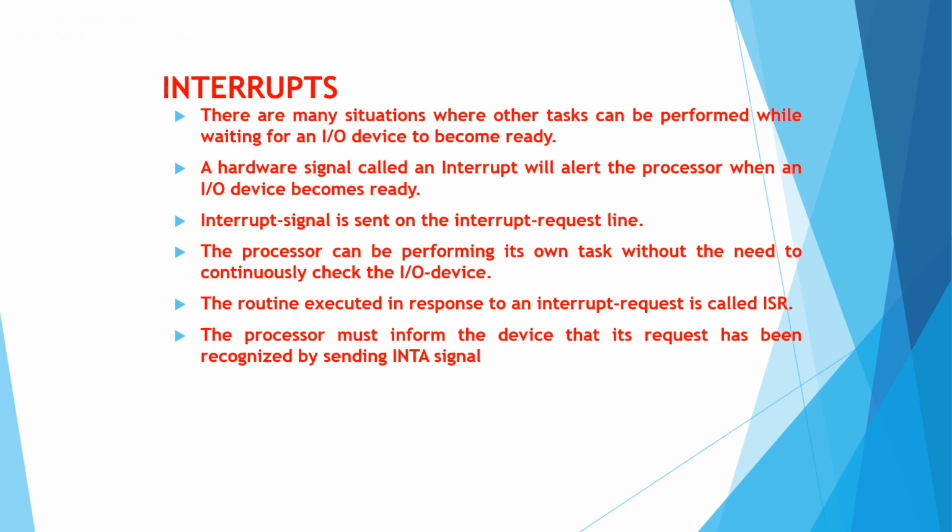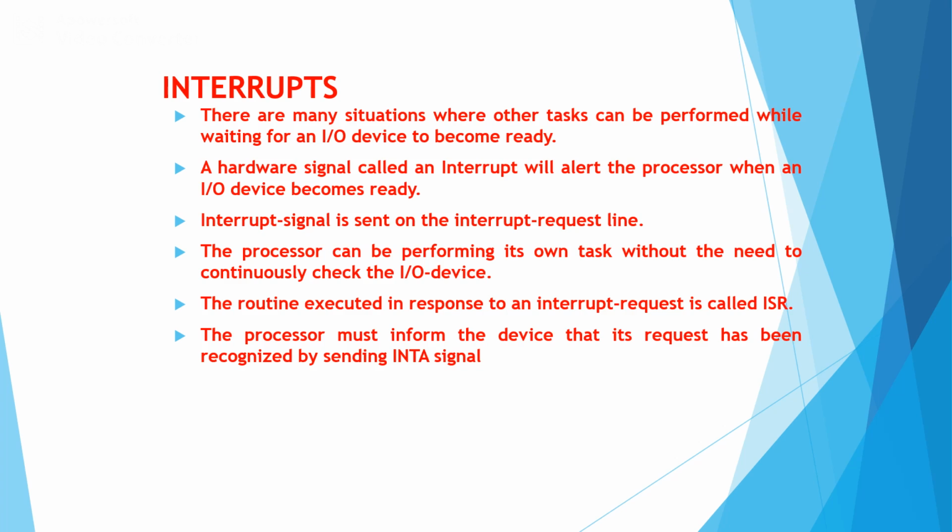In the case of the program controlled IO technique, the processor initiates the action by checking the status of the devices by entering into a wait loop. During this time, the processor could have performed other tasks instead of simply waiting for the device to get ready. Hence, another method was developed where the IO devices initiate the action instead of the processor.